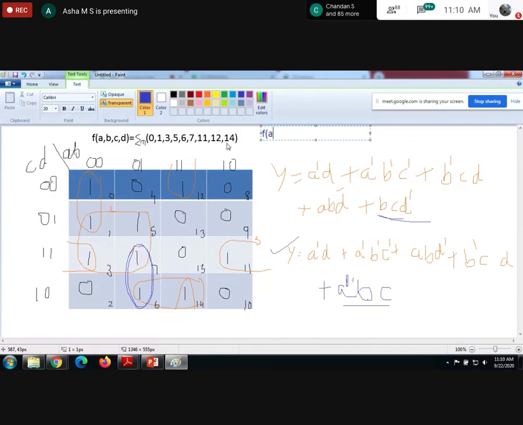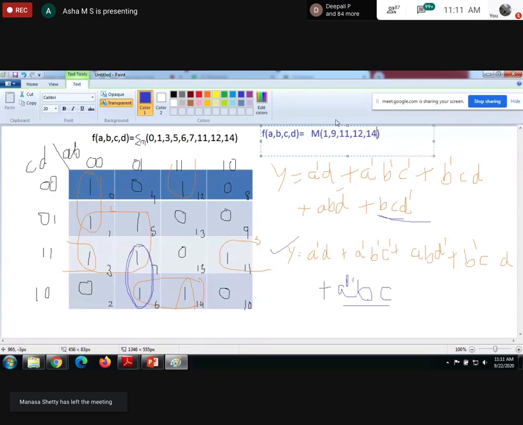I'll give one homework. Try to solve that. This is capital M, so I'm giving the max terms. Wherever the max terms are there, in that place you need to place 0. Don't get confused. 1, 9, 11, 12, 14.